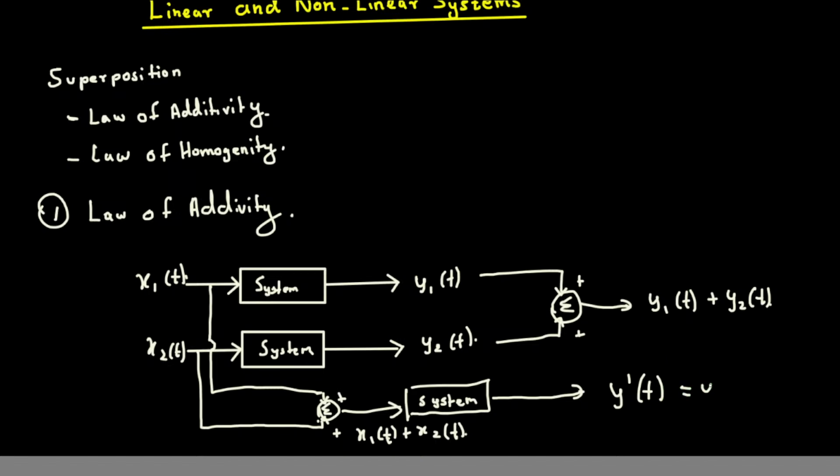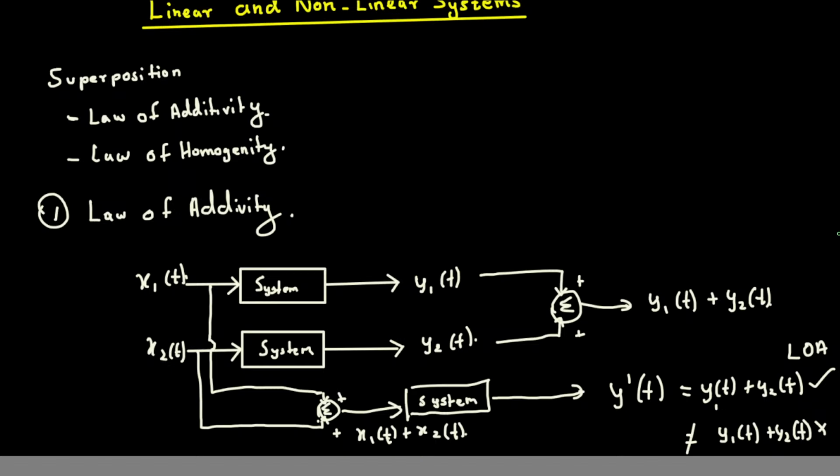If it's equal to y1 of t plus y2 of t, then it satisfies the law of additivity. If it's not equal, then it does not satisfy the law of additivity.